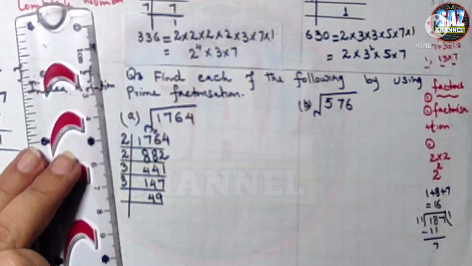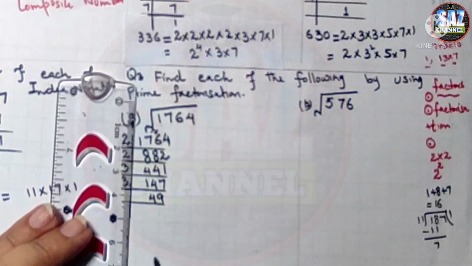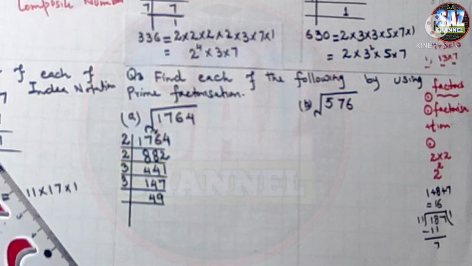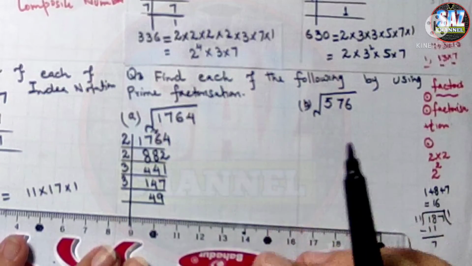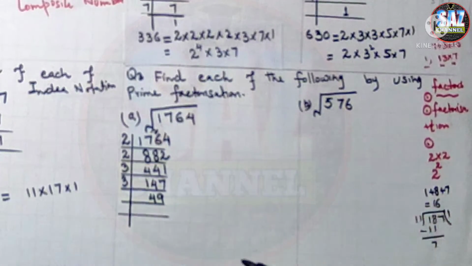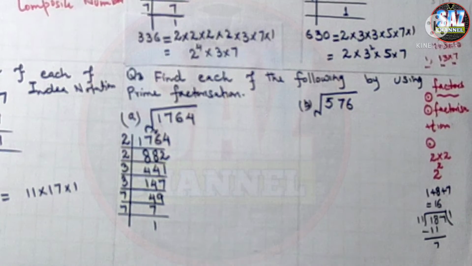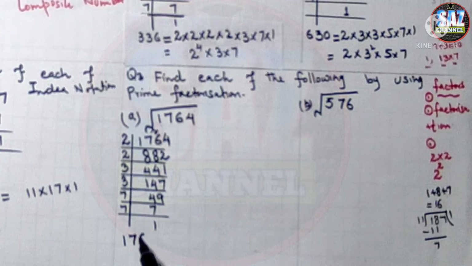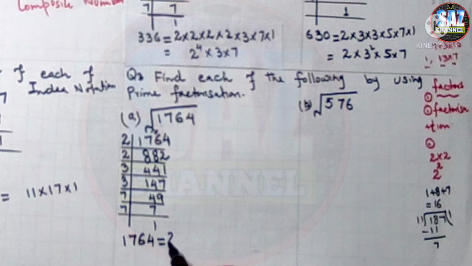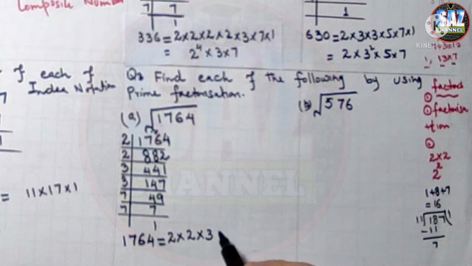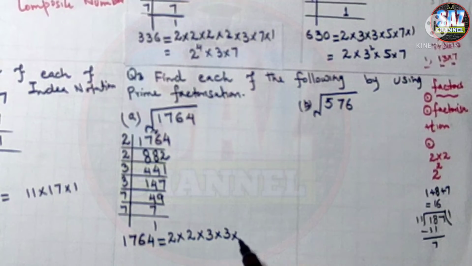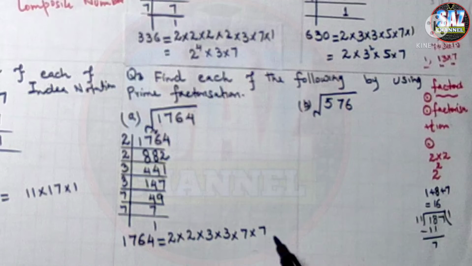Then we have to think about the number that can easily divide 49. For 49, the table of 7 is very suitable, and 7 7s are 49. So first of all, I have to write 1764 and its factors in the form of a product: 2 multiplied by 2 multiplied by 3 multiplied by 3 multiplied by 7 multiplied by 7.